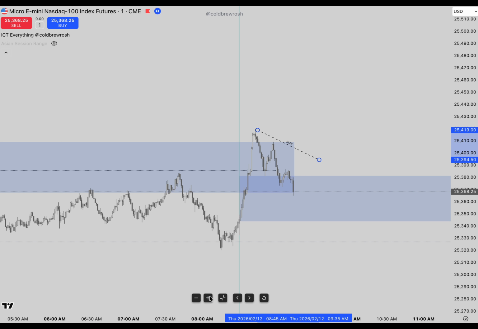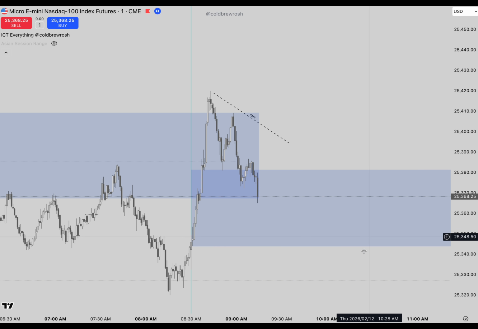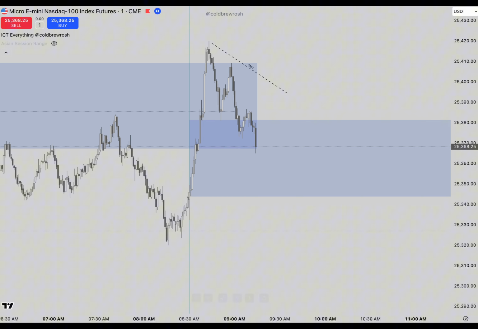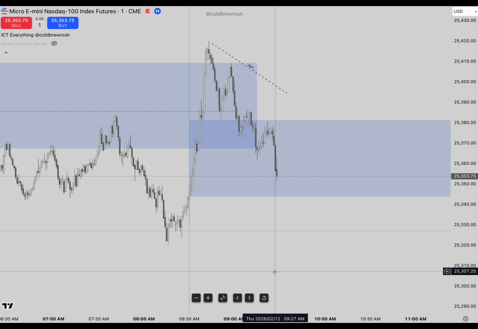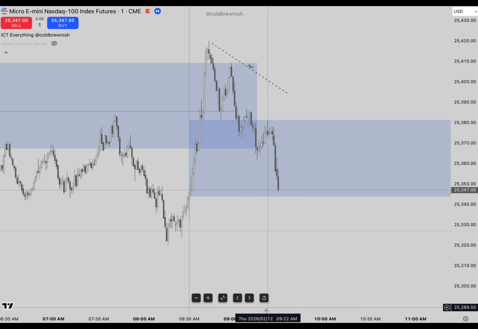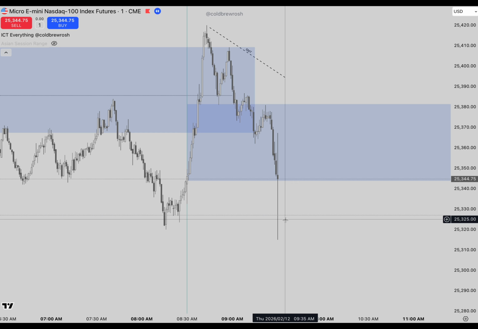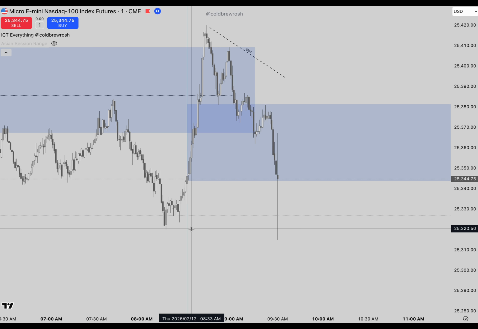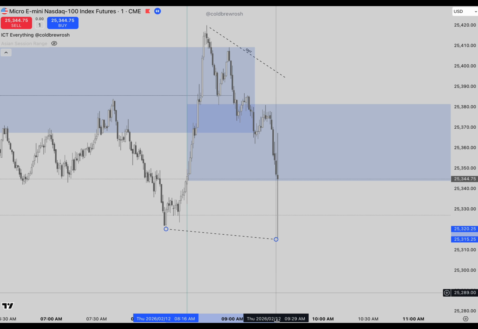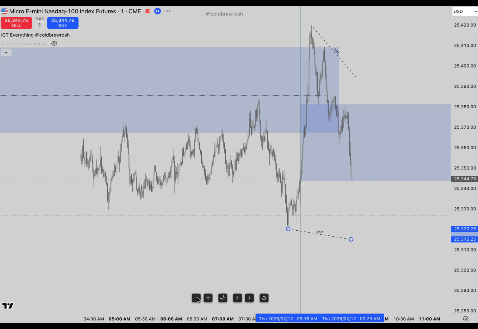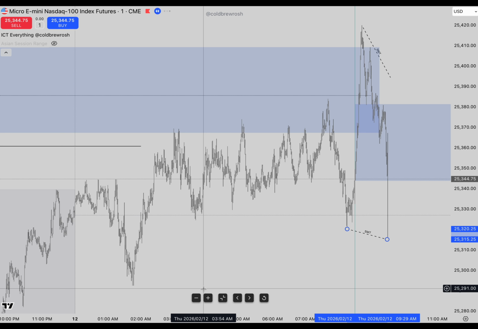Alright. And then let's see what this does. So this is 9:14, so let me skip to market open. Alright. Market opens. Okay. And then we kind of run through this wick up and put in a SMT right here. Now, this isn't going to bring us to the total draw, I know, because the higher time frame is telling the narrative that we are bearish.